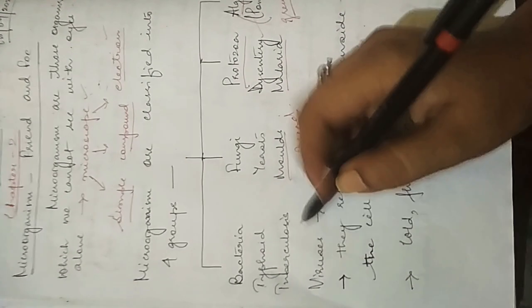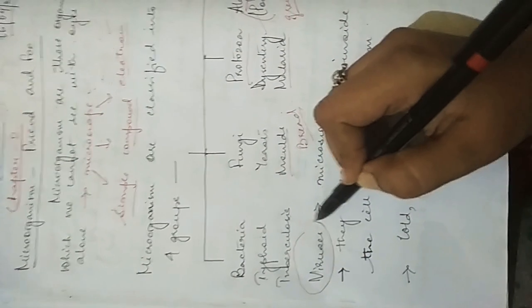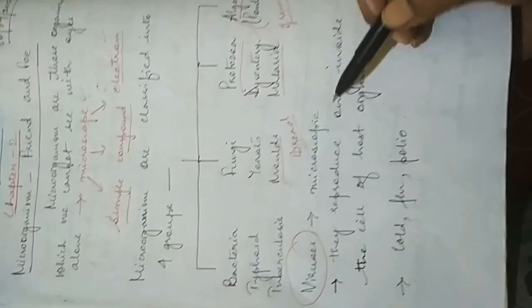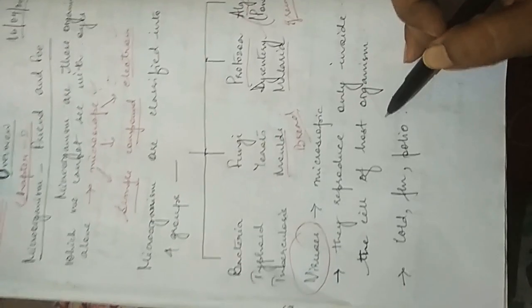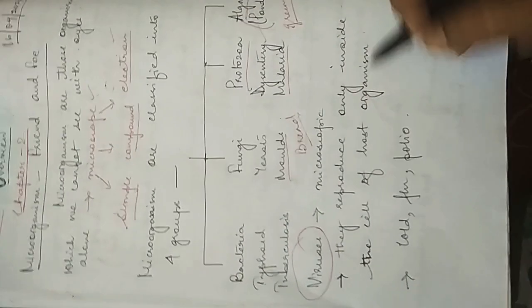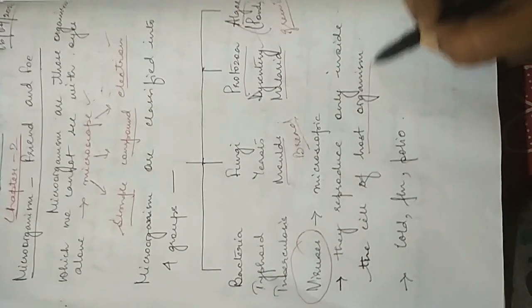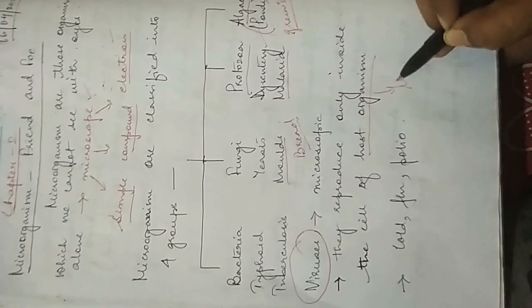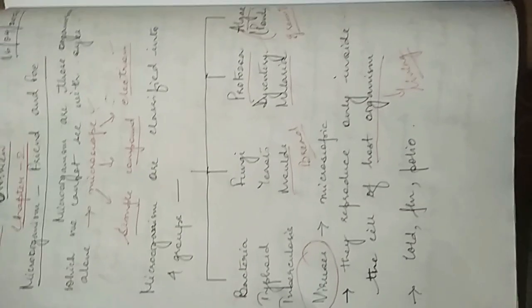Then come viruses, which are very commonly now a cause of problems in our world, and which are microscopic. One of the most important points is that they reproduce only inside the cell of a host organism. The host should be living. This is one criterion for viruses to live.